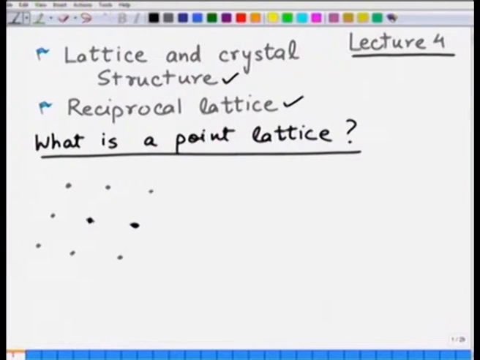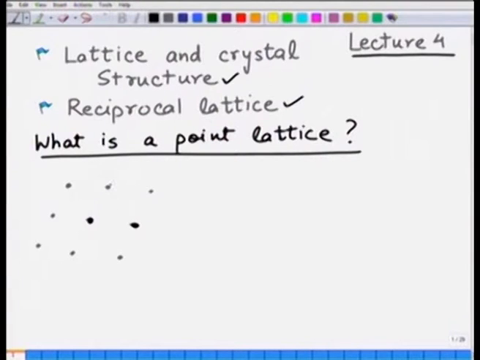What do you see? If you take any point, that point looks identical. If I take this point and stand here and look in a particular direction, and then I move out and see my environment, how does the environment look?